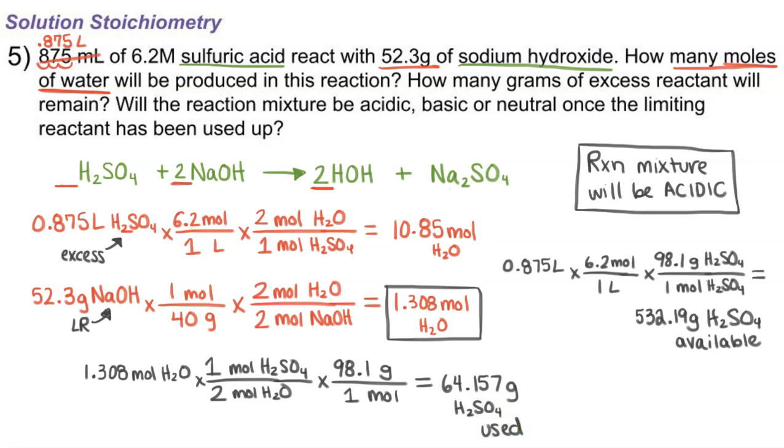So the last step is just to do a little bit of subtraction and figure out, of the 532 grams that are available, how much is still left once we use 64.157 grams. So our excess is equal to 532 grams minus 64 grams.